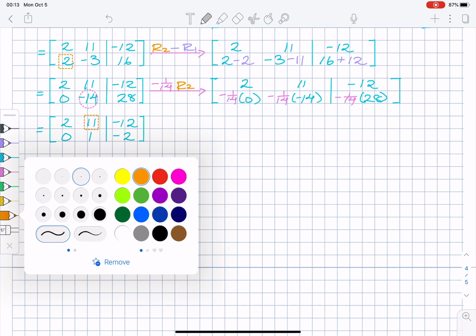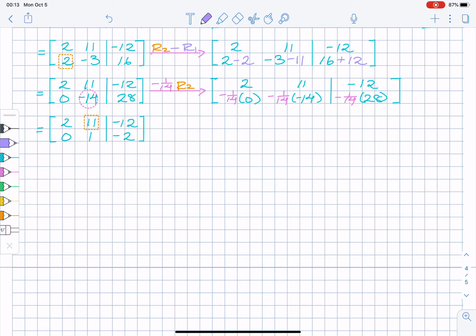So what I want to do is row 1. I'd like to subtract 11, but I'm not allowed, so maybe if I multiply 11 by row 2, that has a 1 in the corresponding spot, I'll be set. So let's try that.